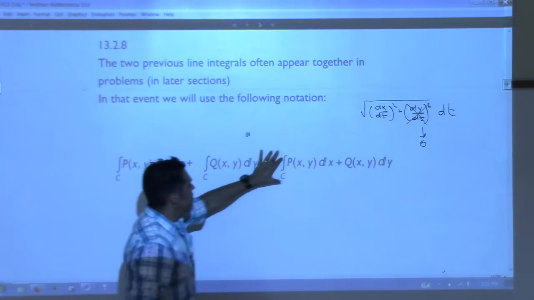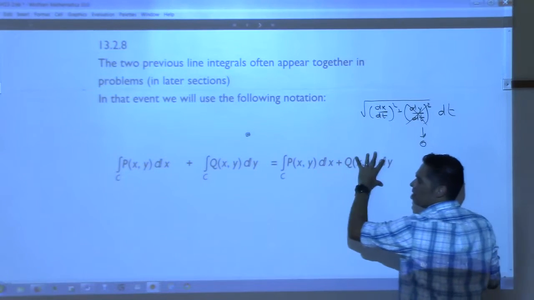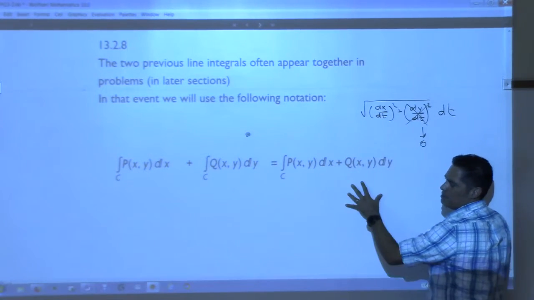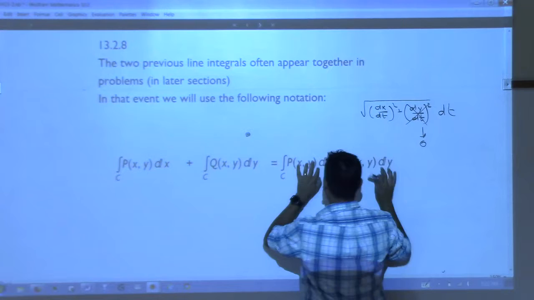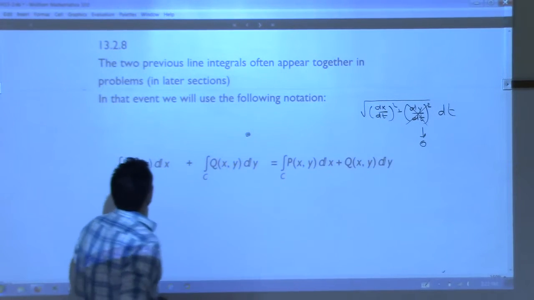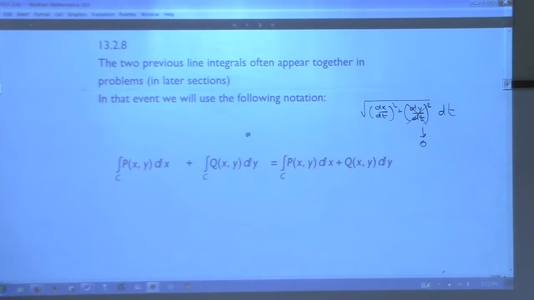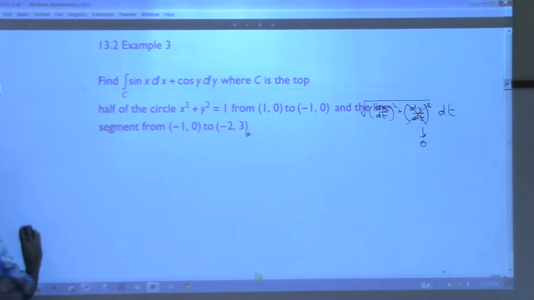So this notation is a notation we will use. We put them together, and this right here means this. They're going to appear a lot together, so just get used to that notation. And I believe we have an example now. All right, here we go.